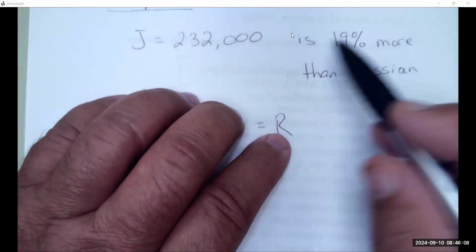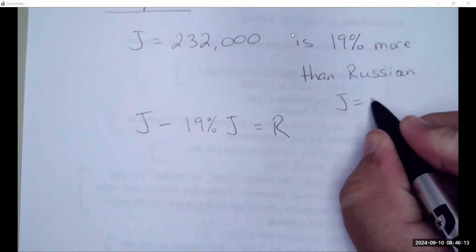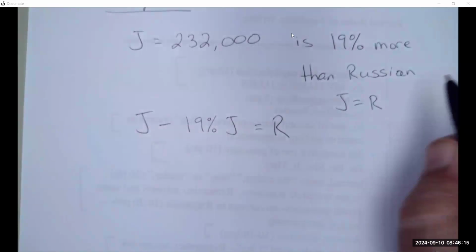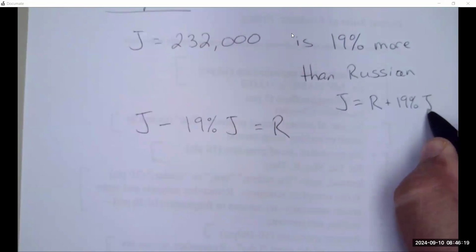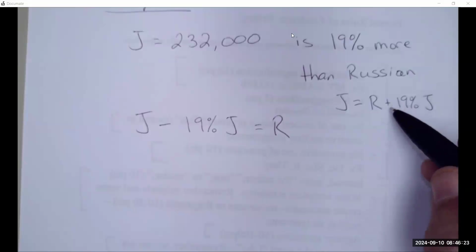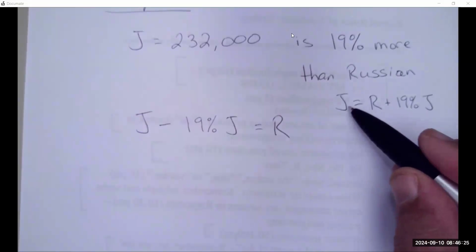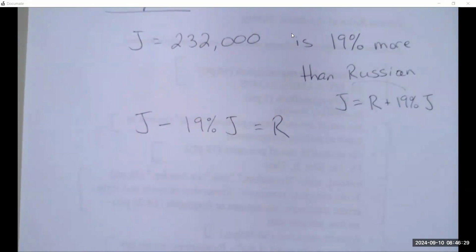Because what the statement originally says is the Japanese language has 19% more words than the Russian. So 19% of the Japanese language plus the Russian language equals Japanese. Move that over, and we have this.